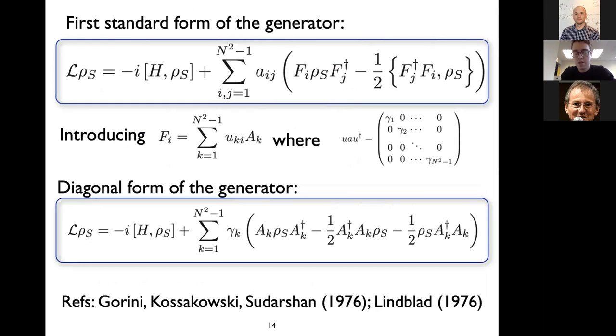What we've proven is that the most general form of this master equation can be given in this diagonal form at the bottom of this slide, in terms of a self-adjoint operator H, and these other operators A_k, which are just operators pertaining to our open system. This is also written in terms of these coefficients gamma_k.